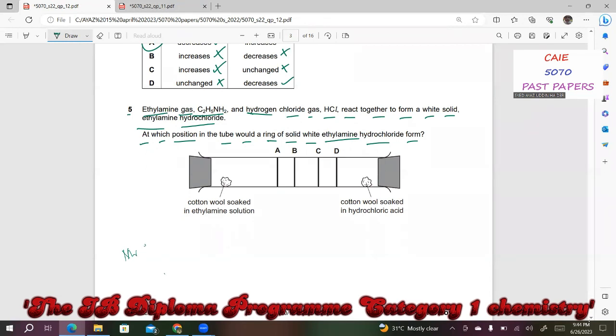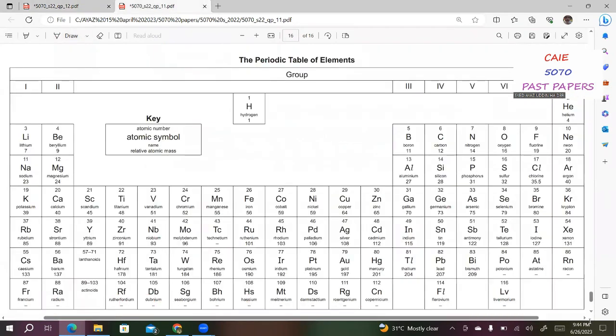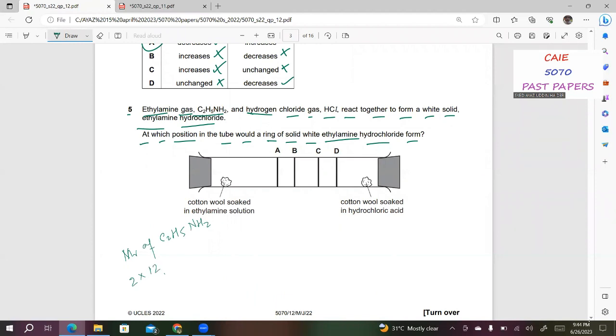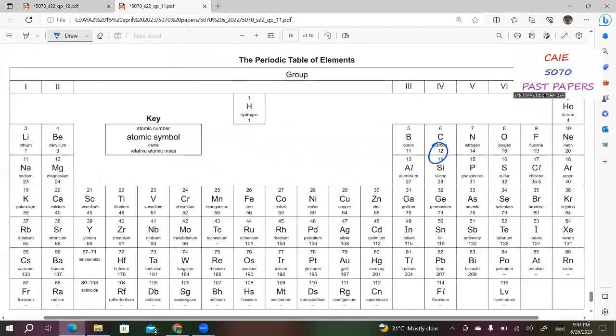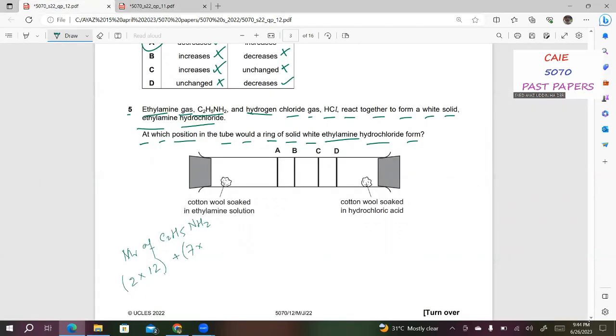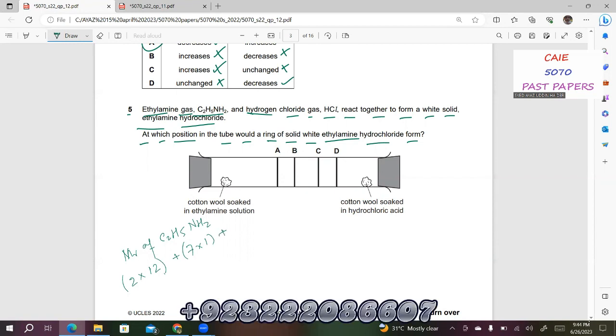Mr of C2H5NH2. We have 2 carbon atoms. Ar of carbon is 12. So 2 multiplied by 12, plus we have 7 hydrogen atoms. So 7 multiplied by 1, as the Ar of hydrogen is 1, plus we have 1 nitrogen atom.